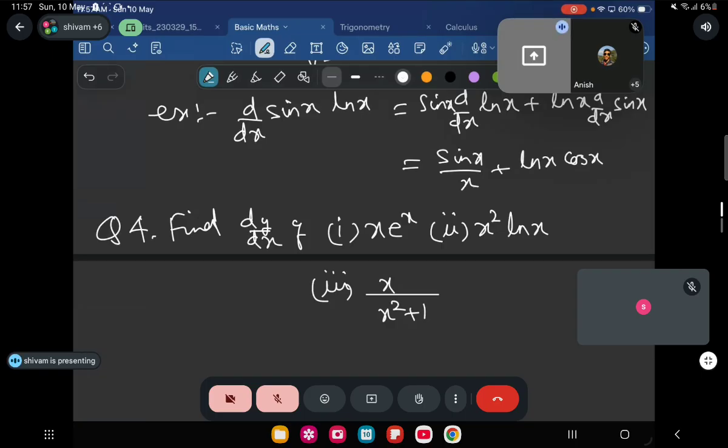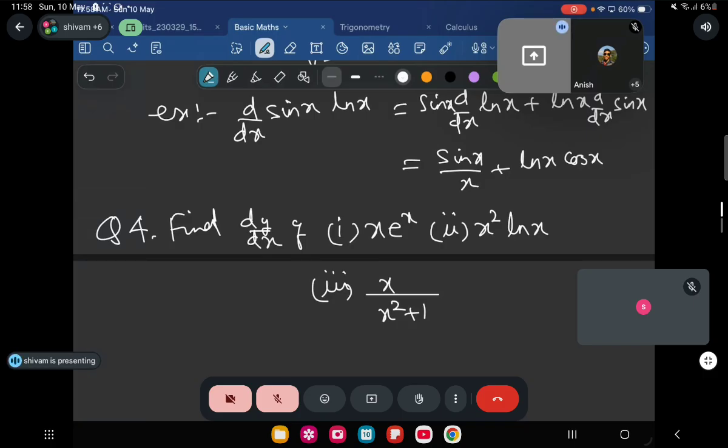This is the second one. Second one is correct, 2x in front. Is the first one correct now? Now it's correct. Would this be x squared? No, it will be x squared. Why?